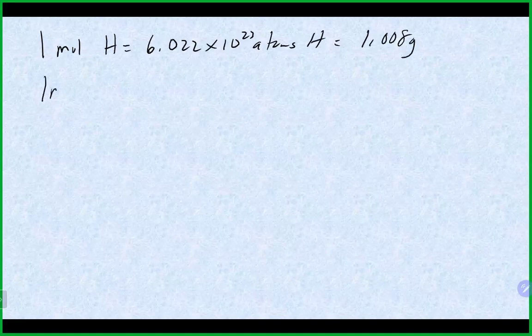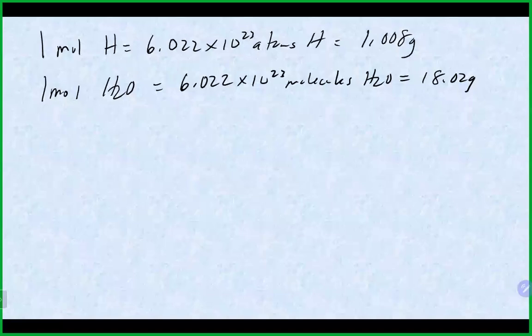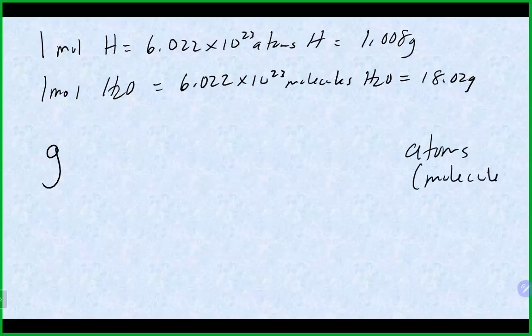Same thing if you had 1 mole of water, that would represent 6.022 times 10 to the 23 molecules of water, and that would represent 18.02 grams. So moles is actually the unit that ties together this separation. If you have grams and you have atoms or molecules, it is moles in the middle that ties them both together.